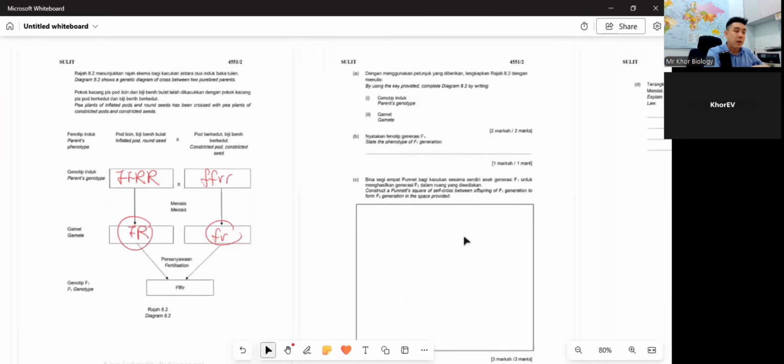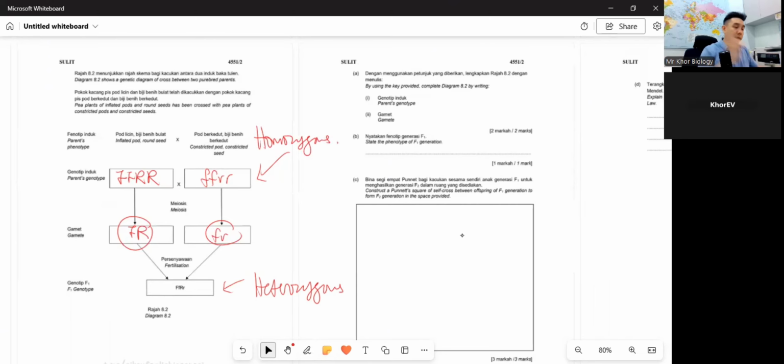If you're wondering, sir, how do you know it is homozygous? It's because at the end it is heterozygous. In order for it to be heterozygous, the only way is on top both have to be homozygous. Okay, next. Name the phenotype.